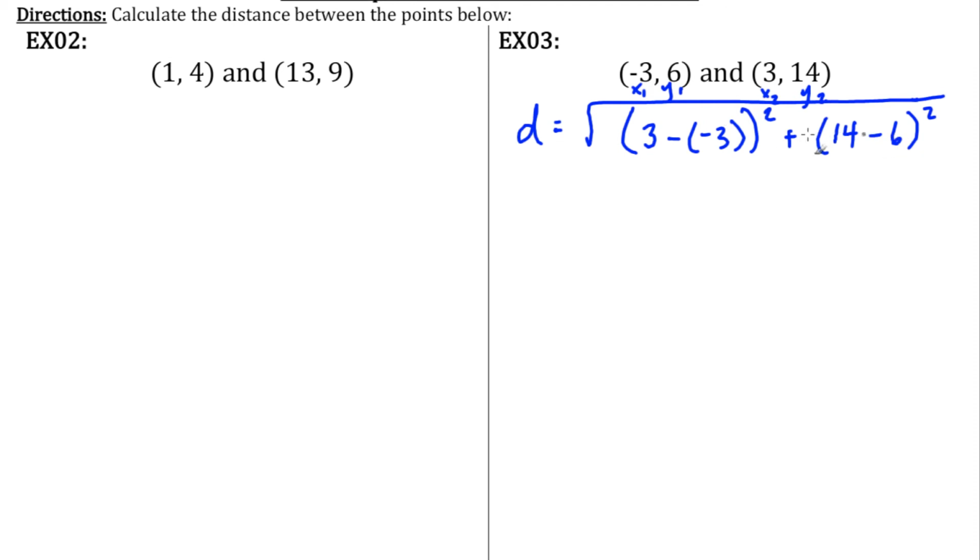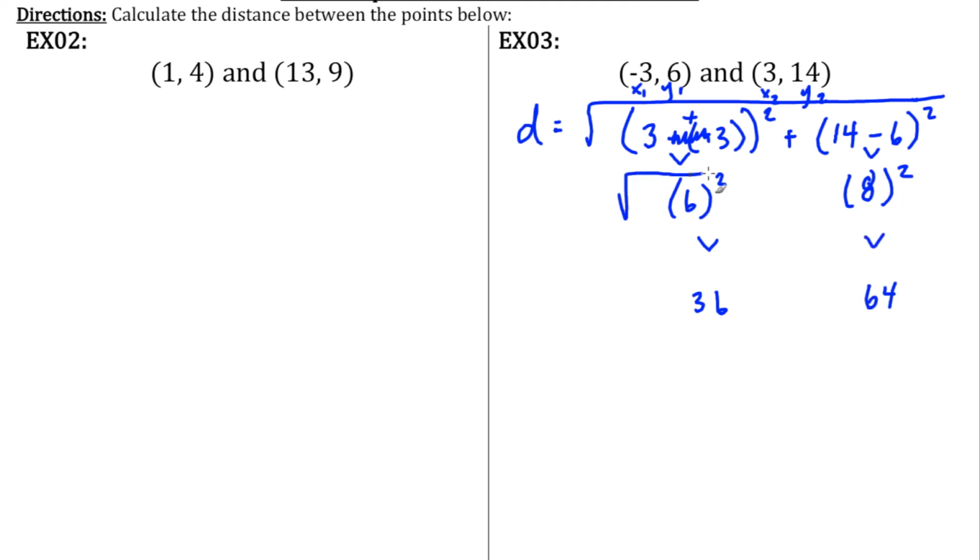Remember, the order really doesn't matter because you're going to do the math on each part and then add them together. 3 minus negative 3 turns into plus, so 3 plus 3 is 6 squared, which is 36. And 14 minus 6 is 8, and 8 times 8 is 64.